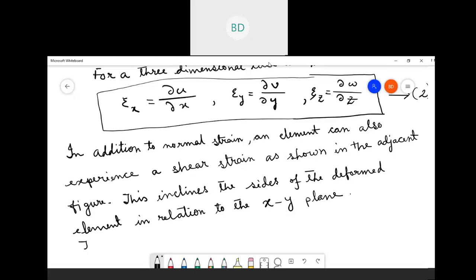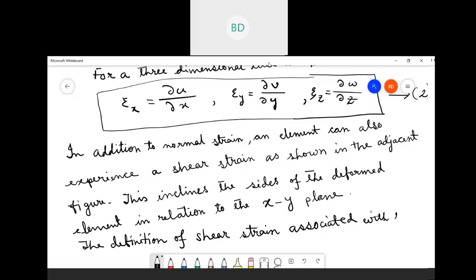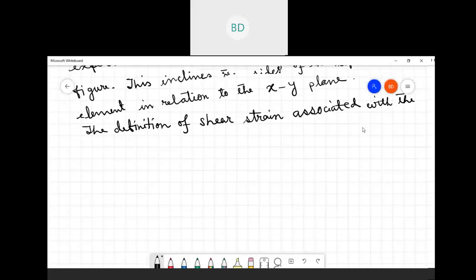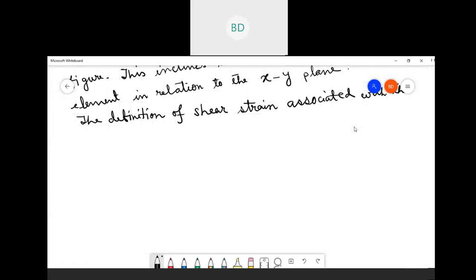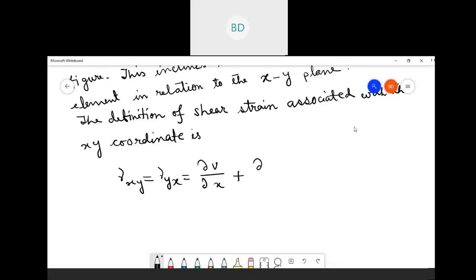The definition of shear strain associated with the XY coordinate is gamma xy is equal to gamma yx is equal to del v del x plus del u del y.